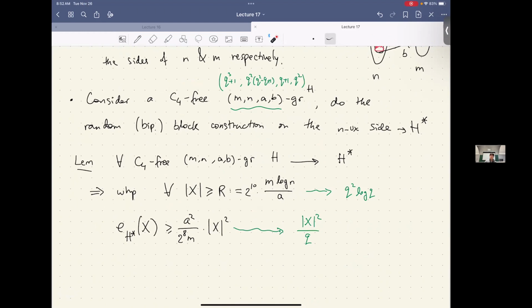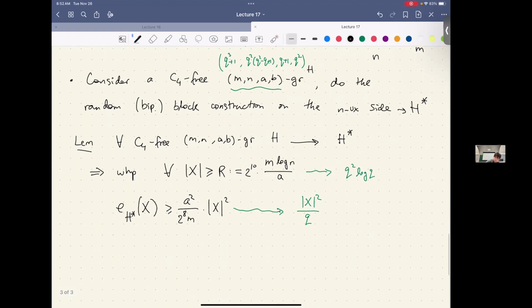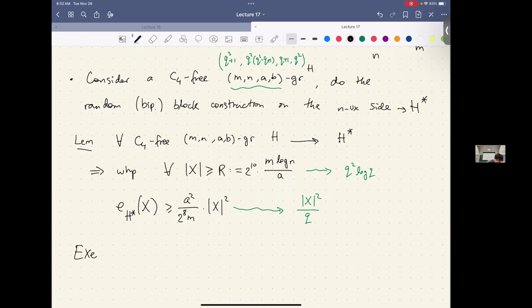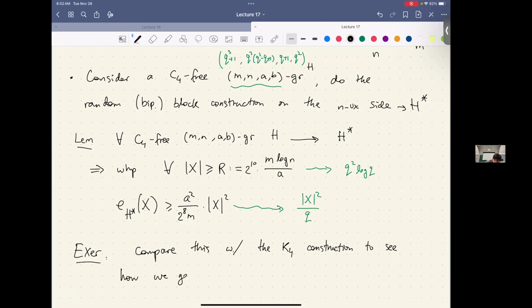So exercise: check both proofs and compare, see where we gain this log factor. Compare this with the original K4 construction to see how we gain a log factor there.